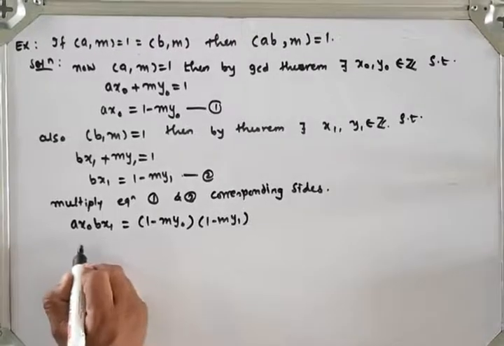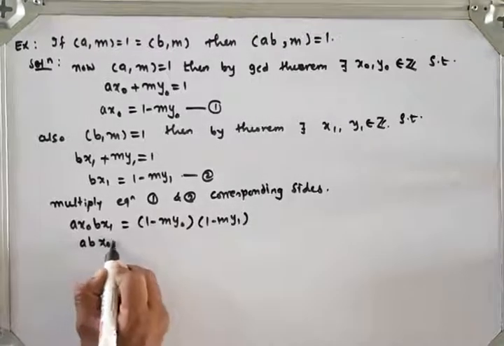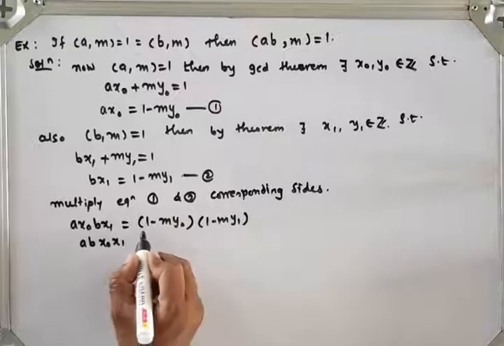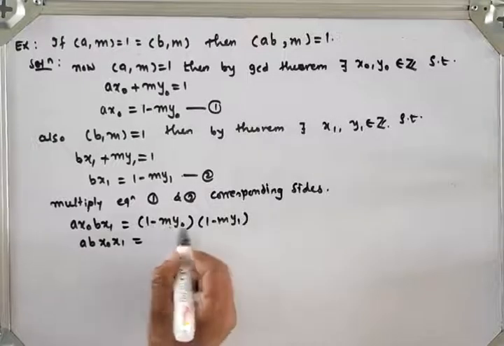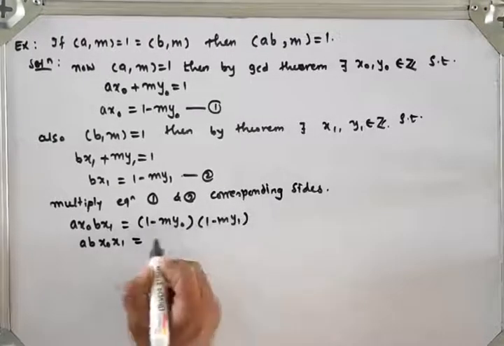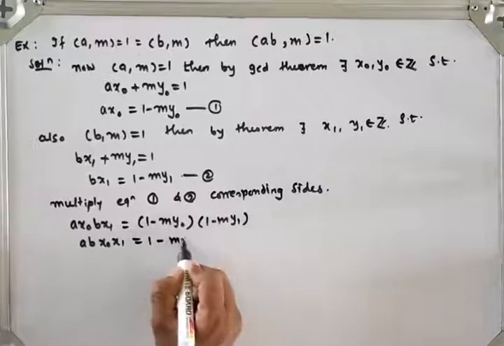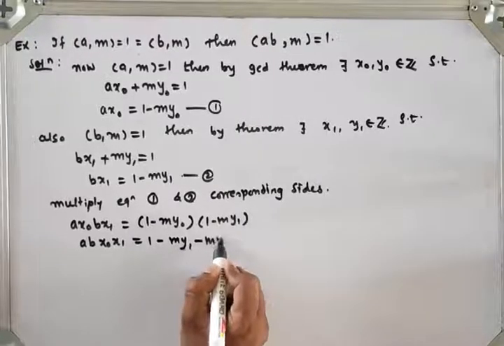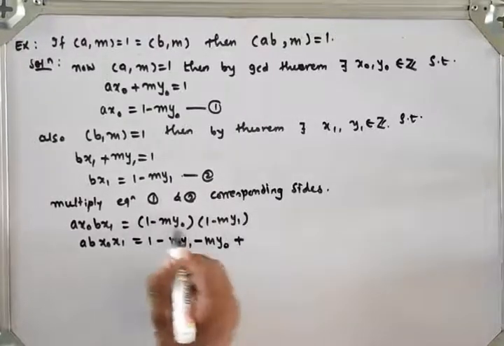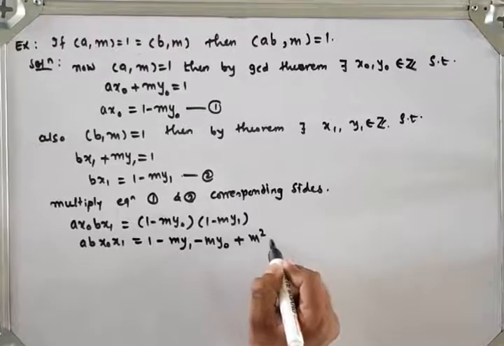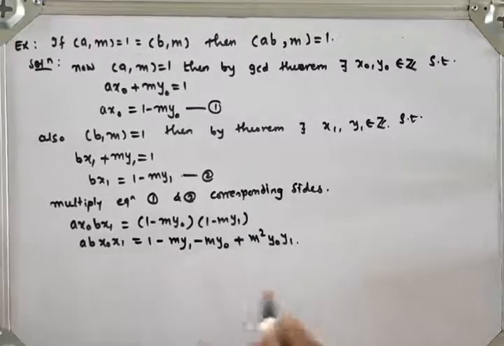So here I get a into b x naught x1, which is equal to, after multiplication, 1 minus m y1 minus m y naught plus m square y naught y1.